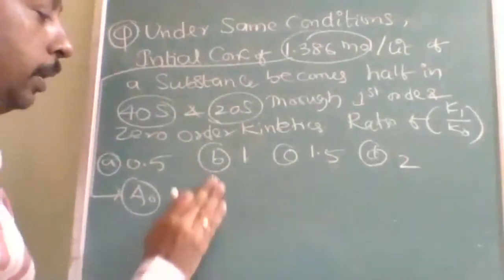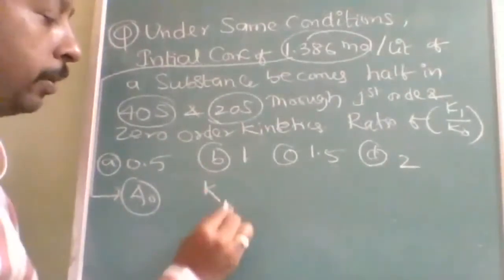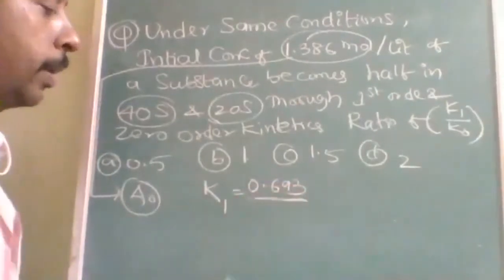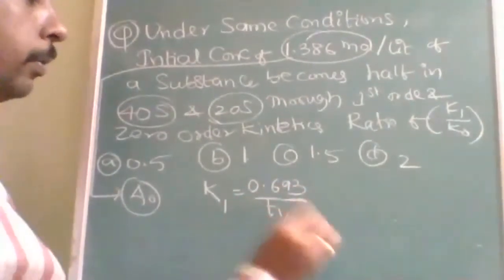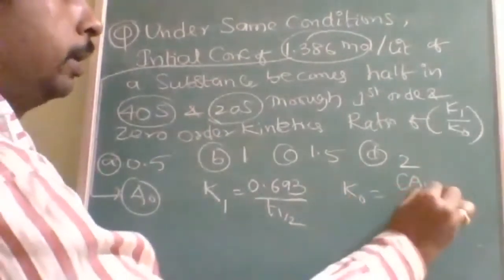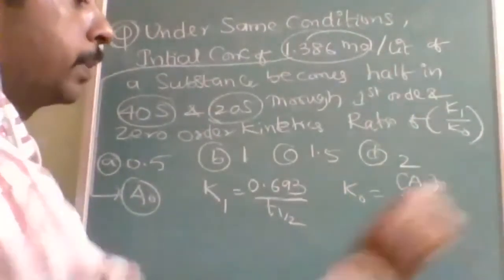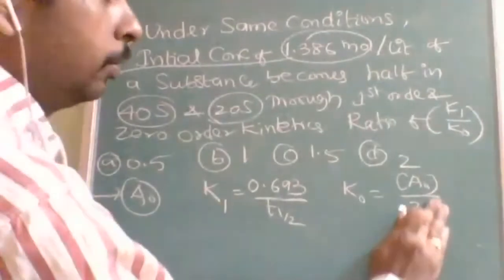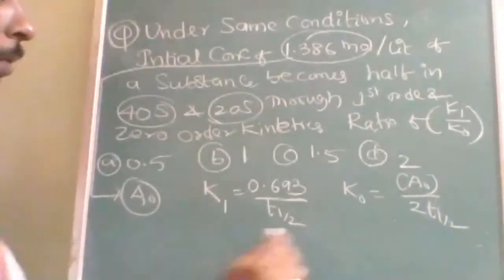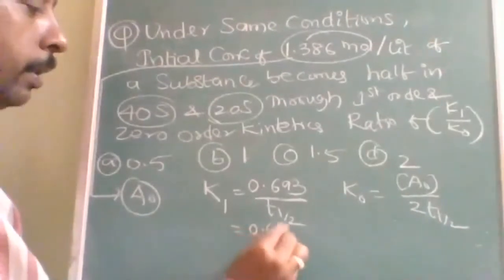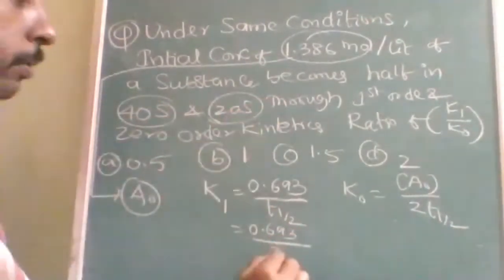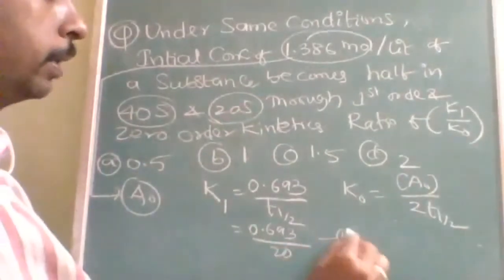I think if you are aware, for first order K is equal to 0.693 upon T half. Then K0 is equal to A0 by 2 T half. Is it understood? So I will substitute and divide. 0.693 divided by T half, for the first order it is 20. This is equation 1.